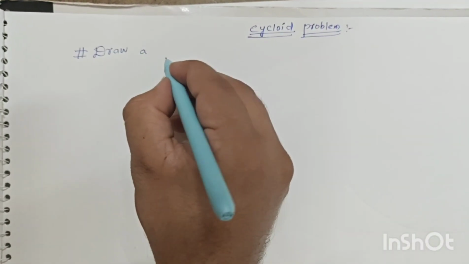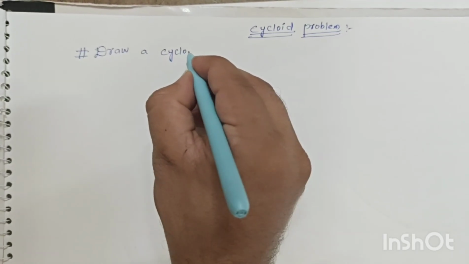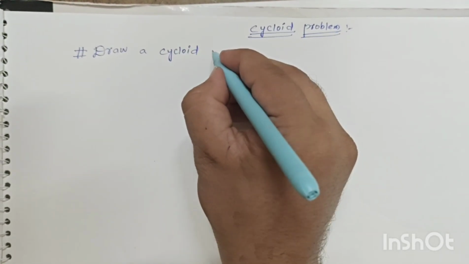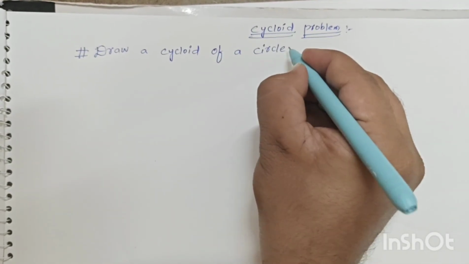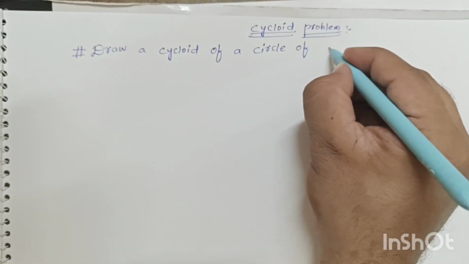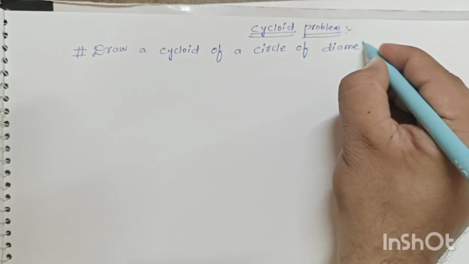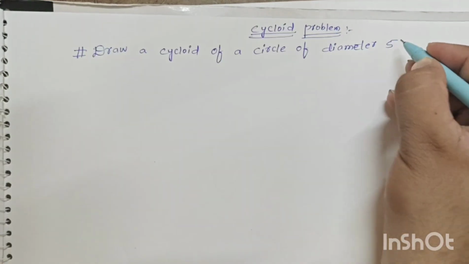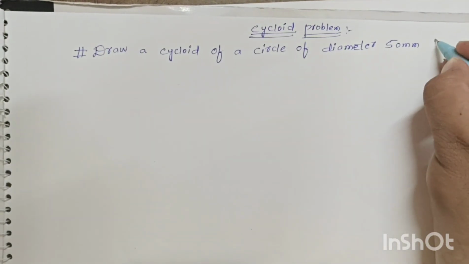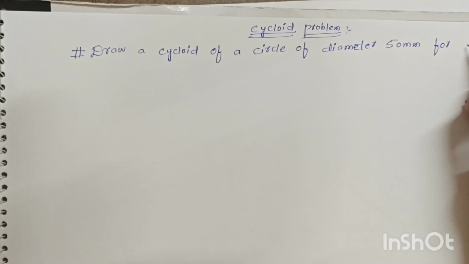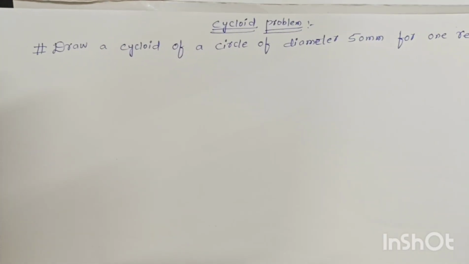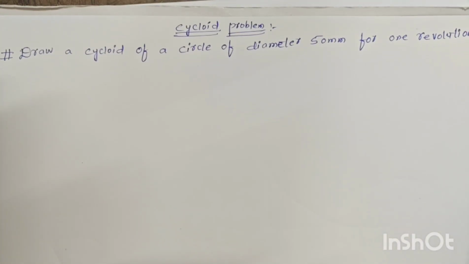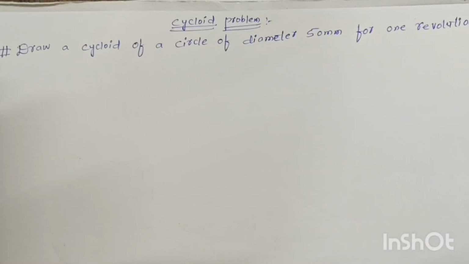Draw a cycloid of a circle of diameter 50 mm for one revolution. Is it visible? Okay. One revolution.